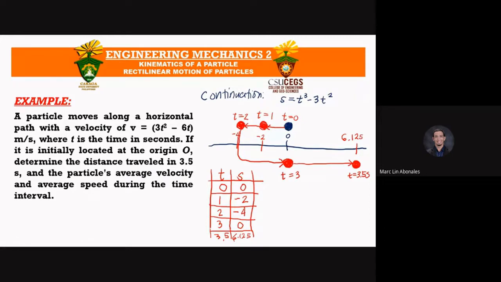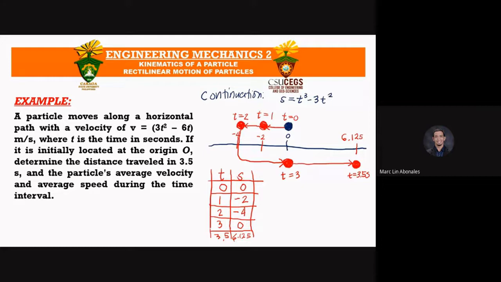when we say total distance traveled by the particle in 3.5 seconds, it doesn't mean that the 6.125 meters, which is the position sa imong particle when the time is 3.5 seconds, atong answer.